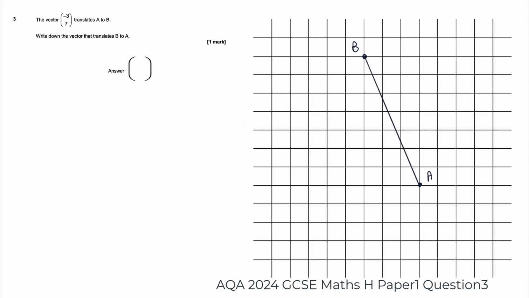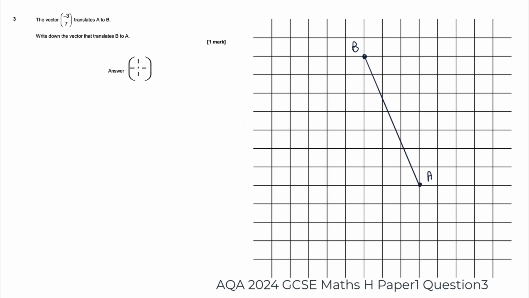Now, we're looking for the vector that moves B back down to A. Well, let's just count squares. We would have to move 3 to the right. That's +3 for the x component, and then 7 squares down, that's -7 for the y component.